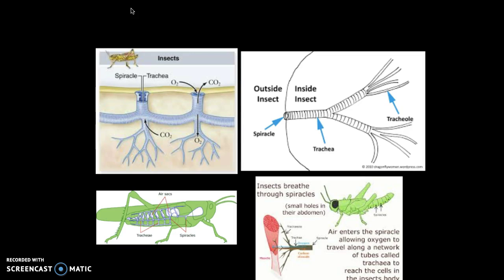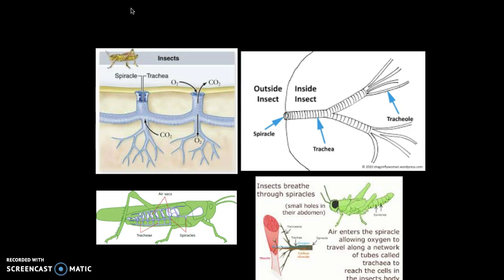Okay, so the trachea is basically covered by chitin, which helps with the prevention of the system collapsing.